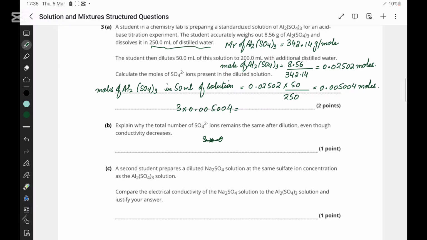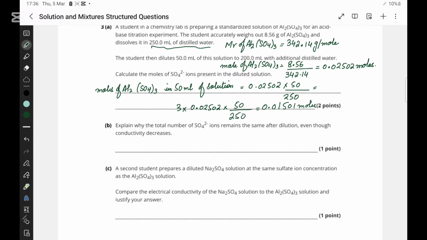Yes, we just need to multiply. One thing we have done wrong here: we have to multiply this value by 3, and that comes out to be 0.01501 moles.